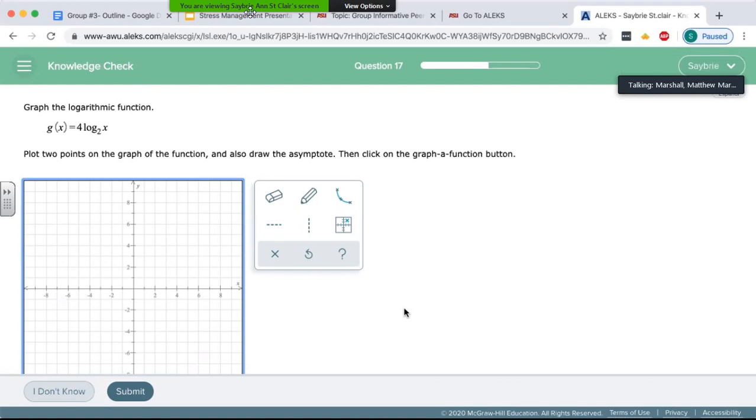Okay. Yes. Oh, it is miscellaneous. There we go. Ooh, how did you get that to be the base of 2 though? Oh, there it is. Very nice. See, got skills.